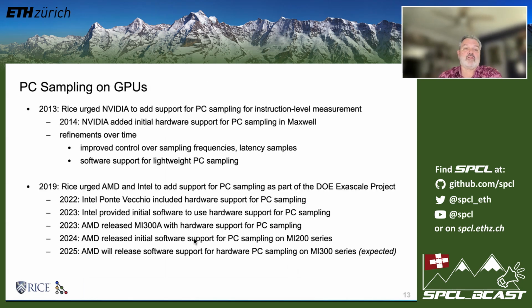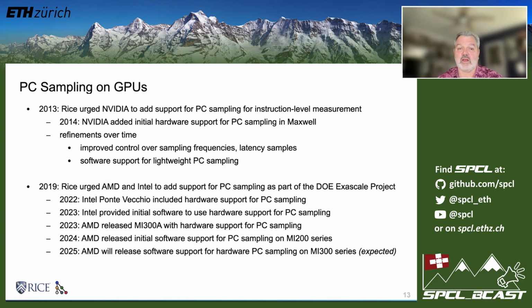So one of the things that we do is PC sampling on GPUs. What this is doing is collecting instruction level performance measurements. Initially, NVIDIA only had support for using hardware counters to monitor the execution on GPUs. Back in 2013, we engaged them and urged them to add support for PC sampling for instruction level performance measurement.